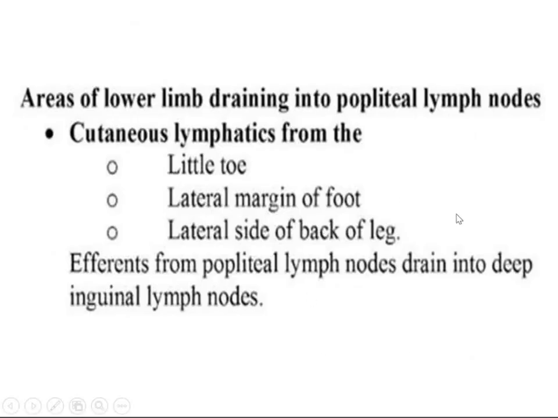So they are carrying lymphatics from the little toe, the cutaneous lymphatics of the lateral margin of foot, and the lateral side of back of leg. All these lymph nodes drain from the little toe, lateral margin of foot, lateral side of back of leg, and efferents from popliteal lymph nodes drain into inguinal lymph nodes. Okay.